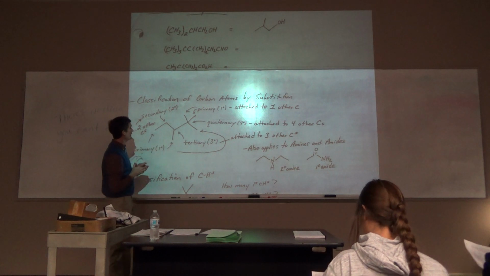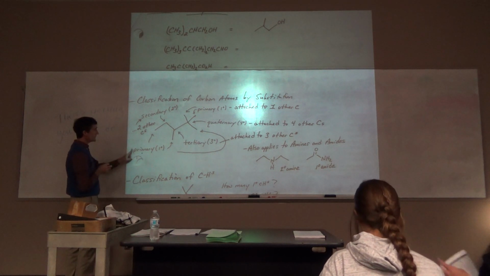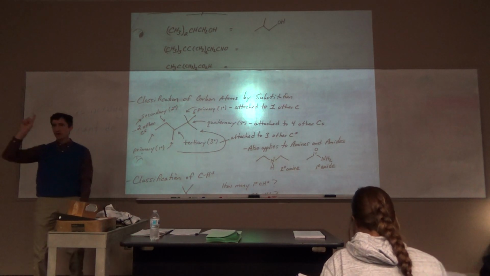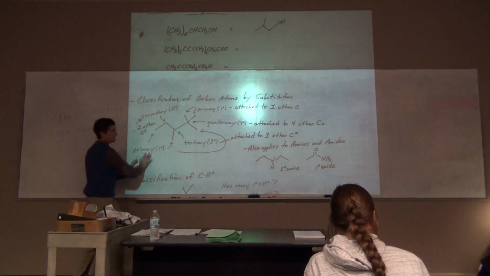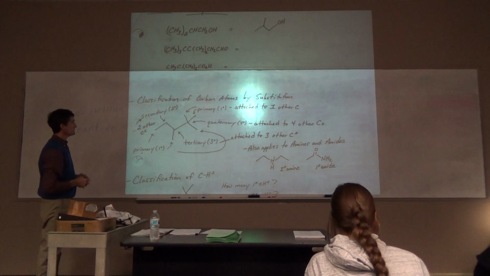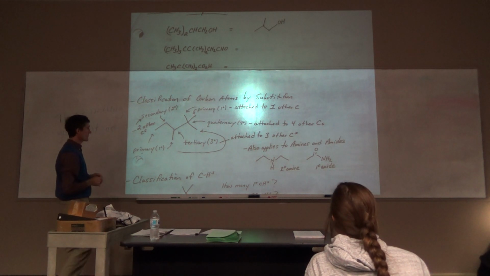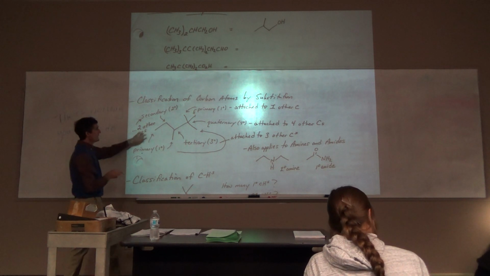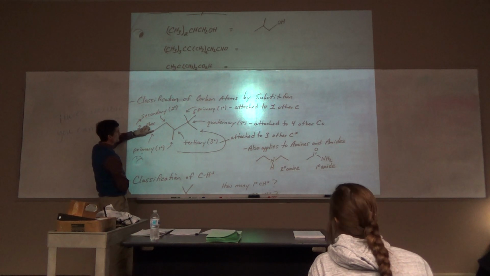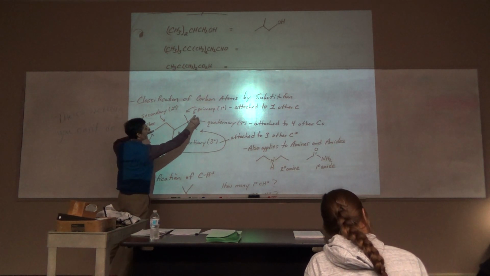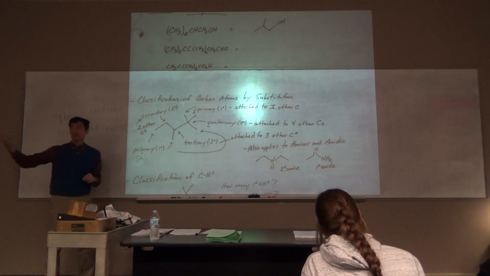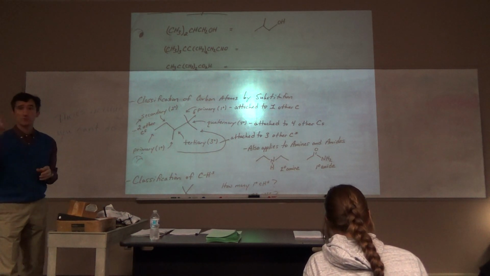Look at this structure here. Primary carbons are bonded to one other carbon. How many primary carbons in this compound? That's a primary carbon. 1, 2, 3, 4, 5. They're going to be at the end of a chain because they're only bonded to one carbon.